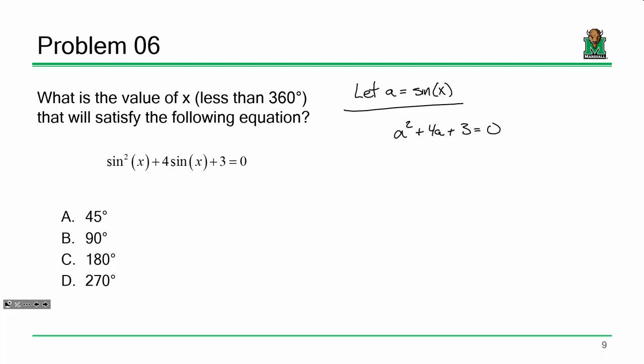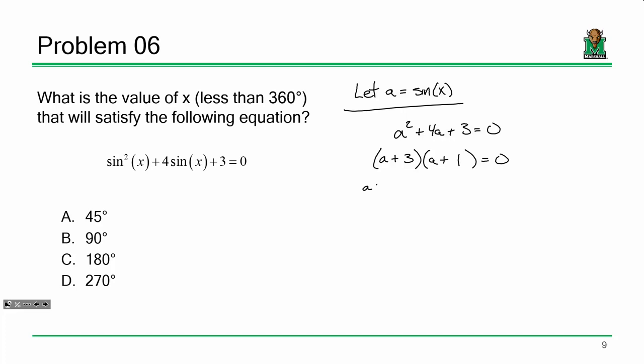So we have a and something equals 0. And we have to ask ourselves, we have the factors 3 and 1. Those are going to work because 3a and 1a are going to give you 4a. And the signs tell me that those factors are positive.